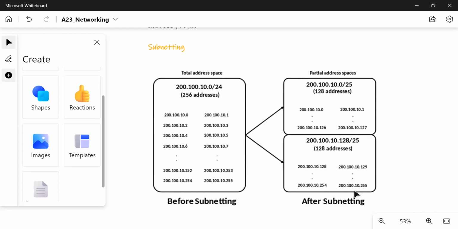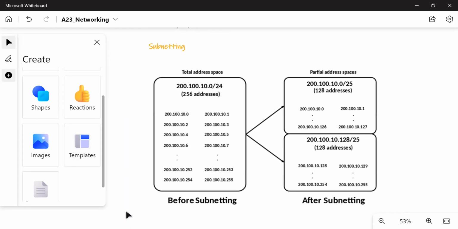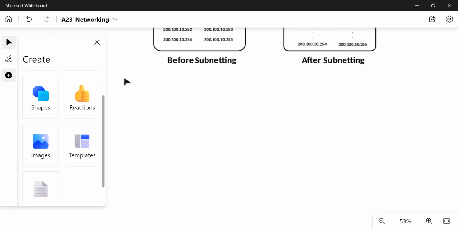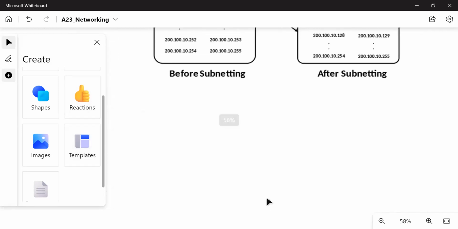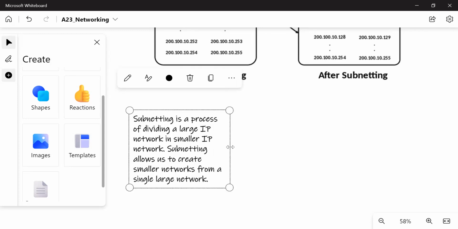You don't have to take this down. Let me start discussing the idea of subnetting. We can say it's a process of dividing IP addresses, and by dividing, we create small networks.